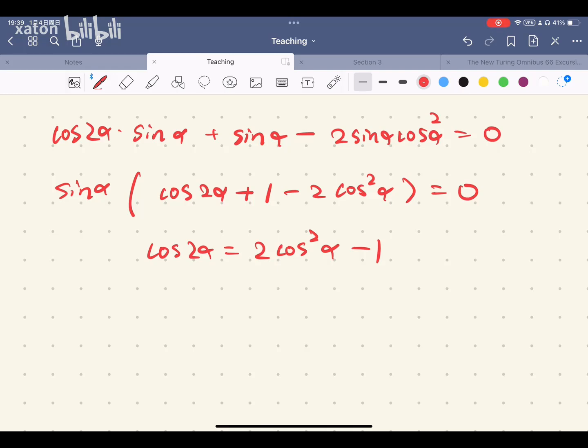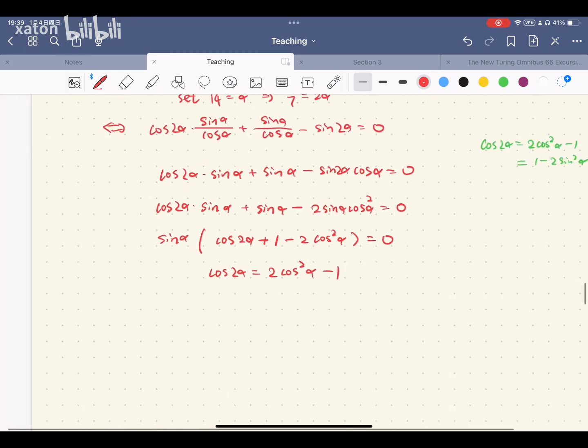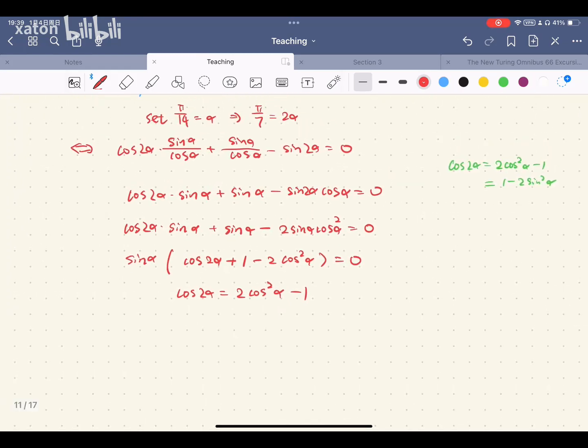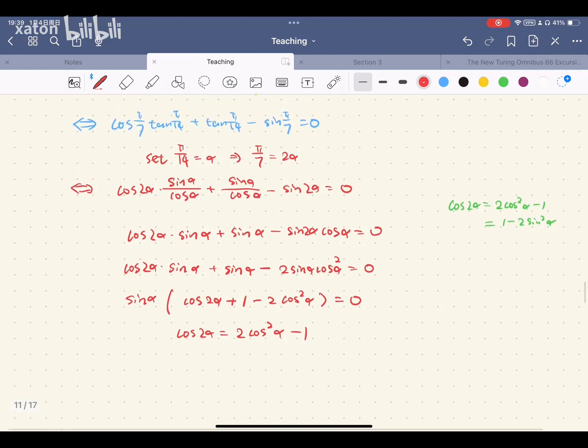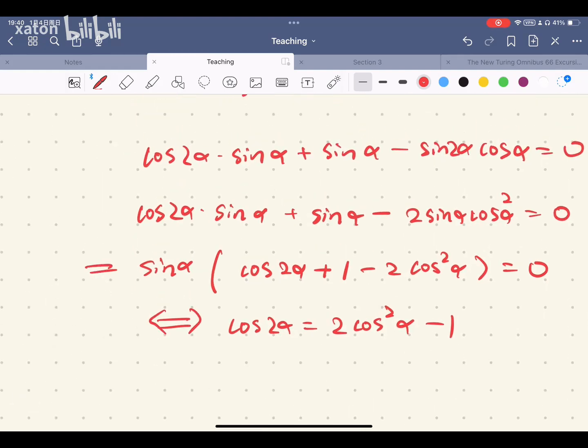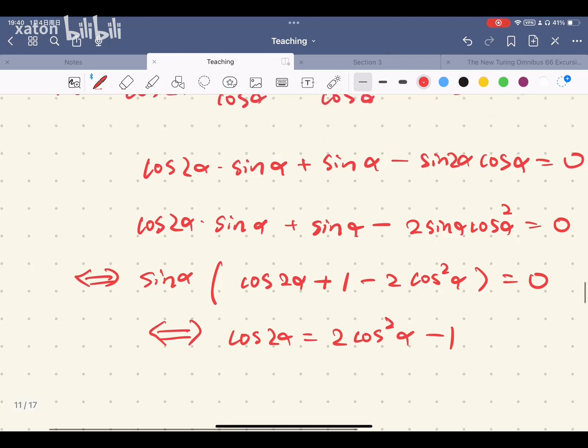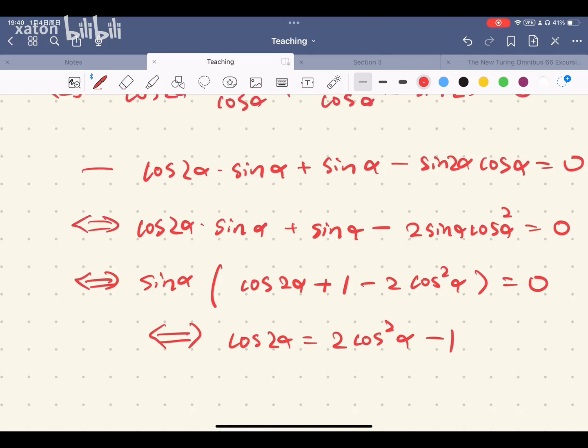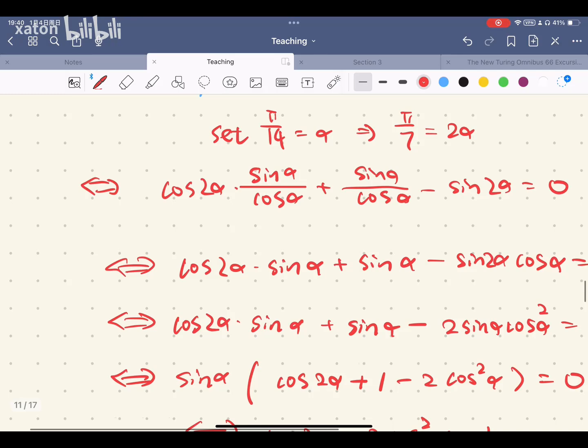So yeah, we have really reached somewhere that clearly makes sense. And as we go up and up, we get what we want actually. But here we have to write the double direction arrow, which means if and only if. In this way, we can really succeed in proving this.